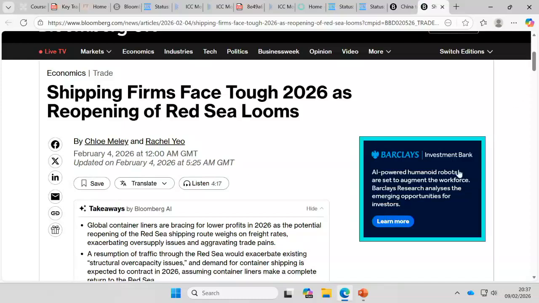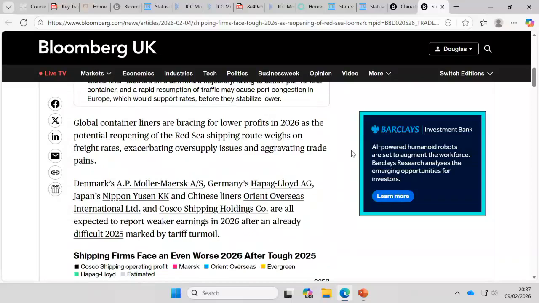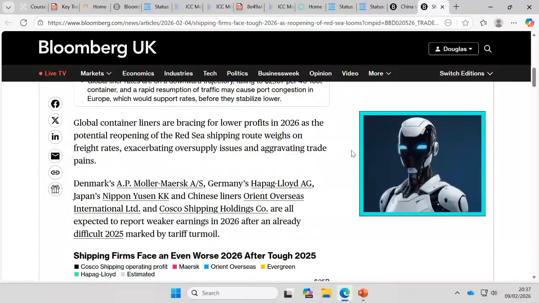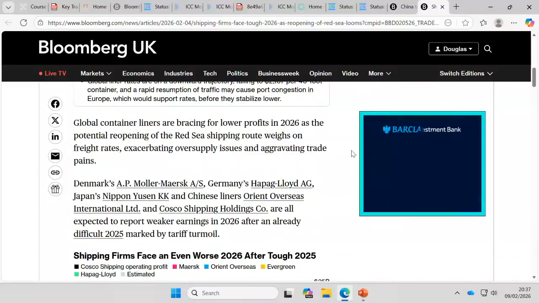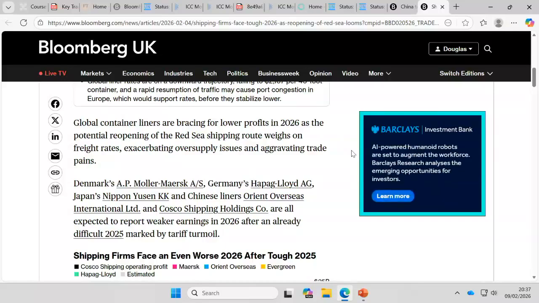This piece is quite interesting because it highlights some of our big picture trends and how they're impacting the shipping industry. So, global container liners are bracing for lower profits as the potential reopening of the Red Sea shipping route weighs on freight rates, exacerbating oversupply issues and aggravating trade pains.